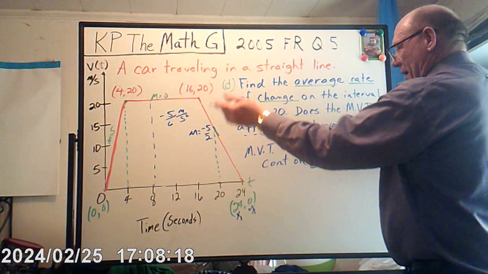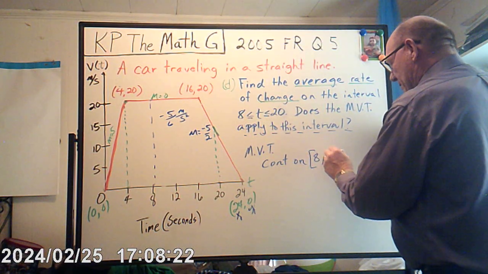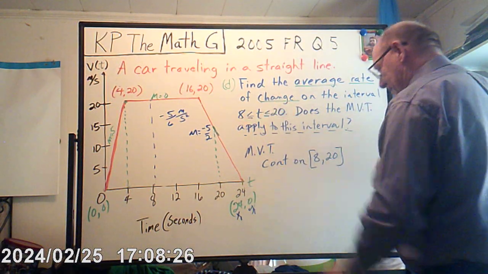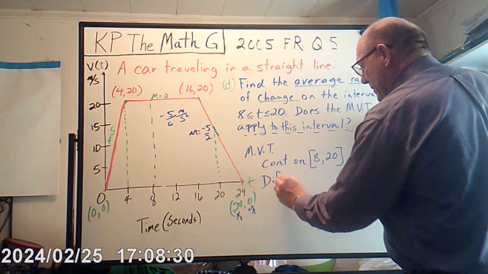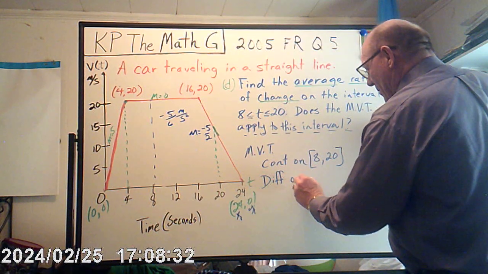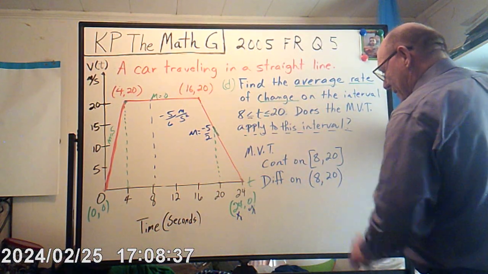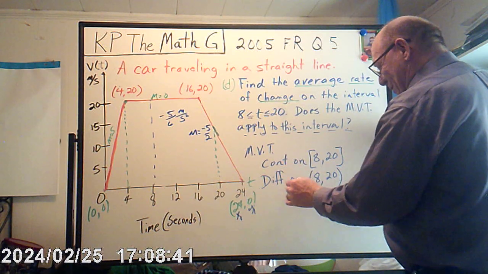In this case we are looking at 8 to 20. That's probably why it's closed here. But also it's differentiable on the open interval from 8 to 20.